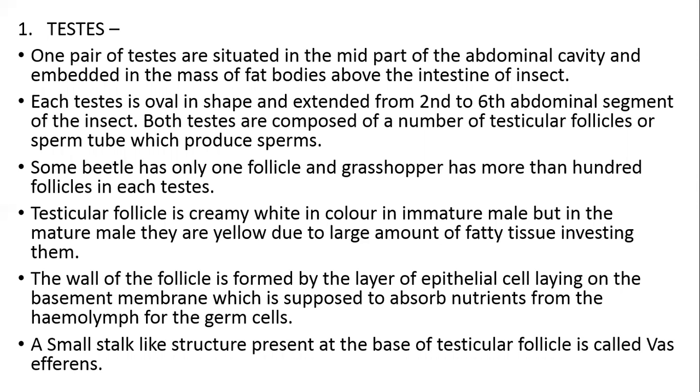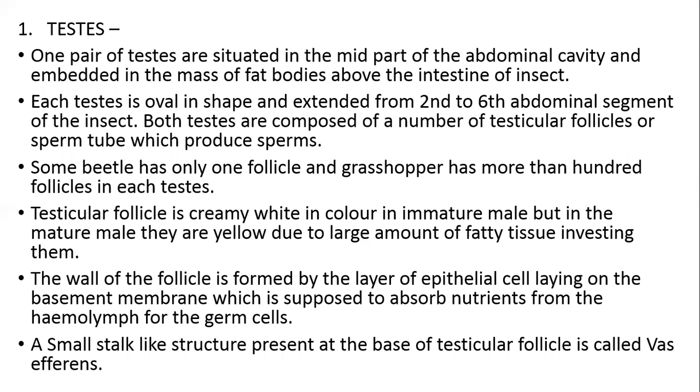The wall of the follicle is formed by a layer of epithelial cells lying on the basement membrane, which are supposed to absorb nutrients from the hemolymph for the germ cells.